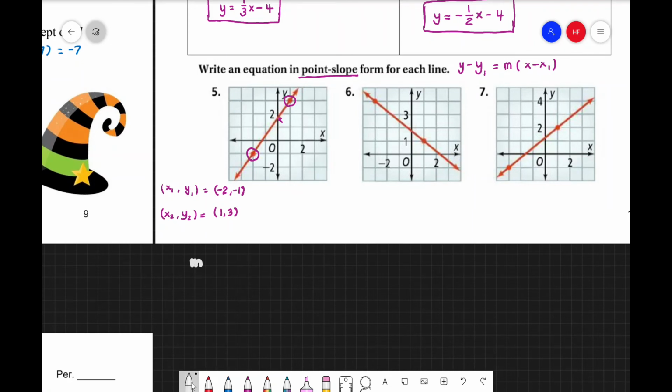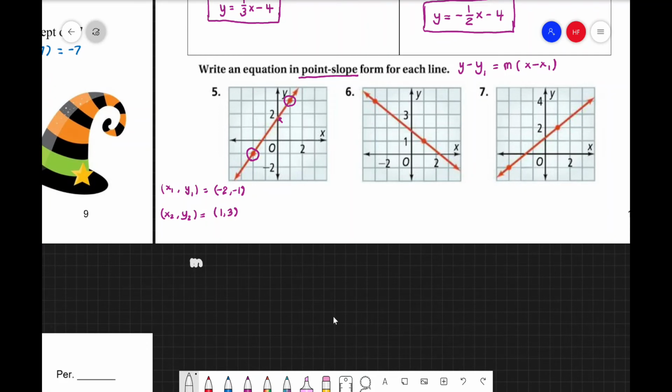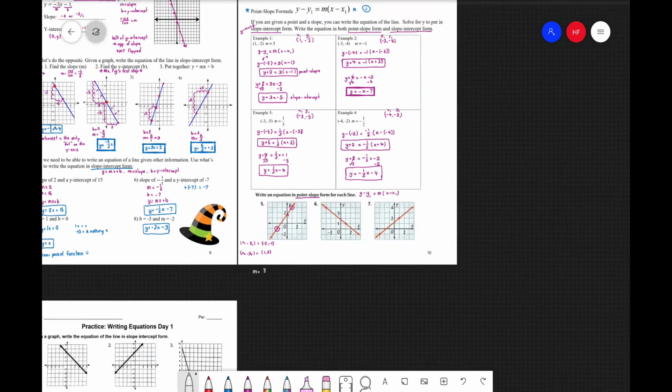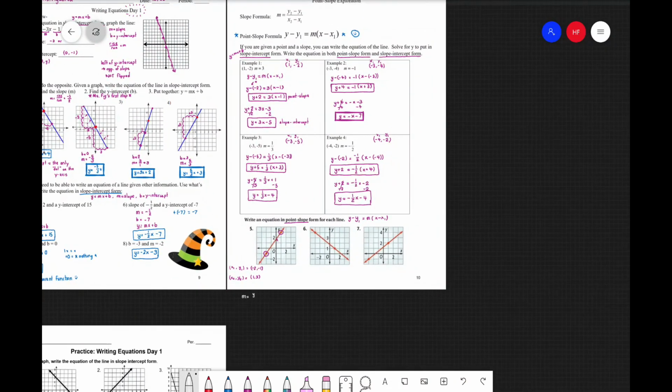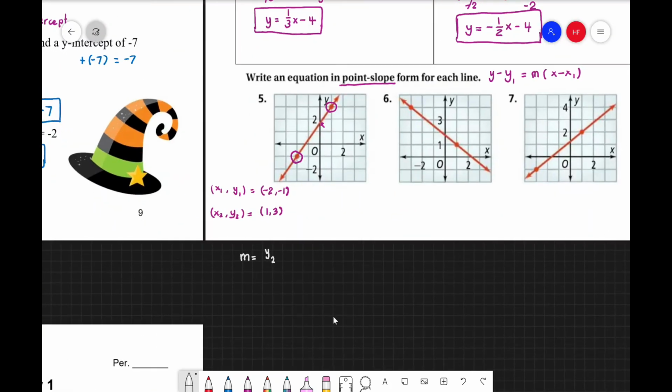So slope, let me make this smaller. Slope equals, and this was at the very top of this page. Let me show you. Right here, y2 minus y1 over x2 minus x1.